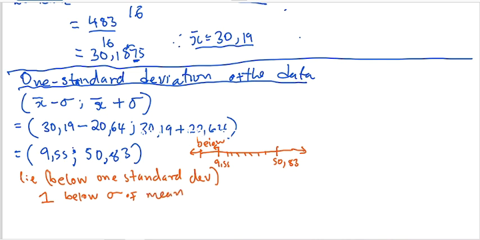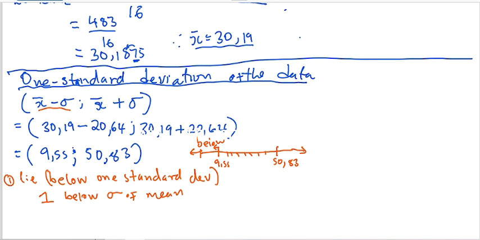That is because we're saying mean minus one standard deviation. So that's one data value below one standard deviation of the mean.